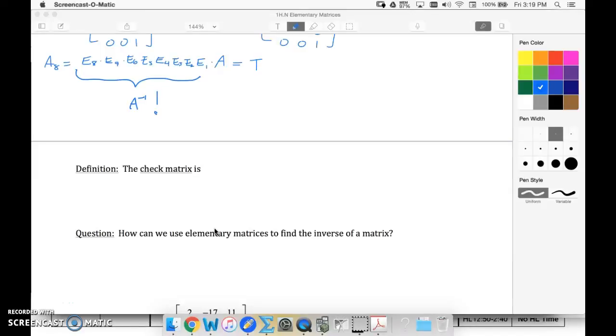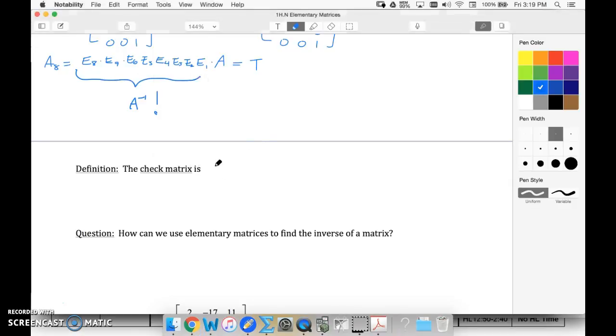Right, in the last video we saw that using all of our elementary matrices, we ended up with a final result that we could multiply by A. So this product is called the check matrix.